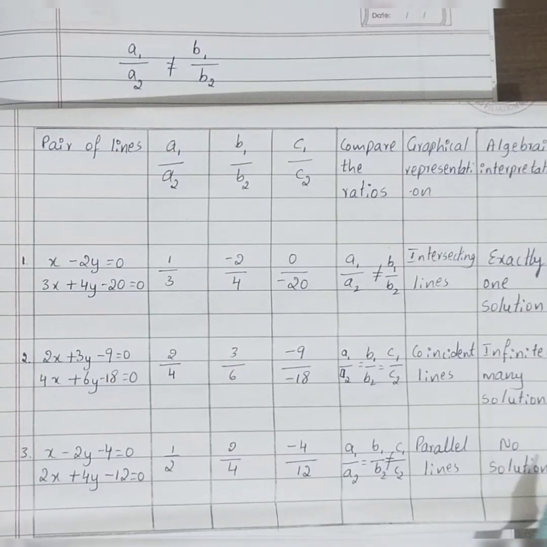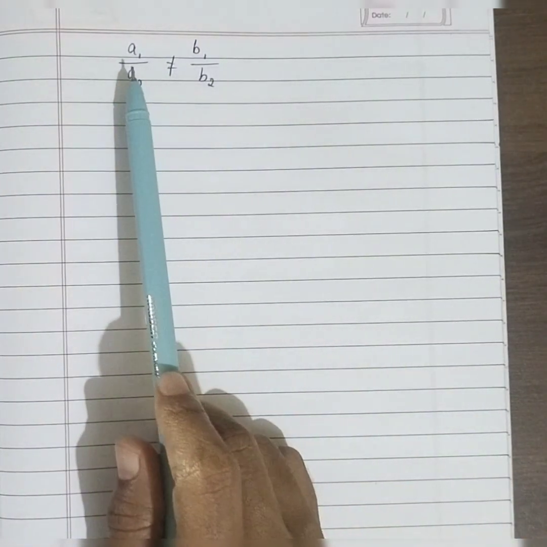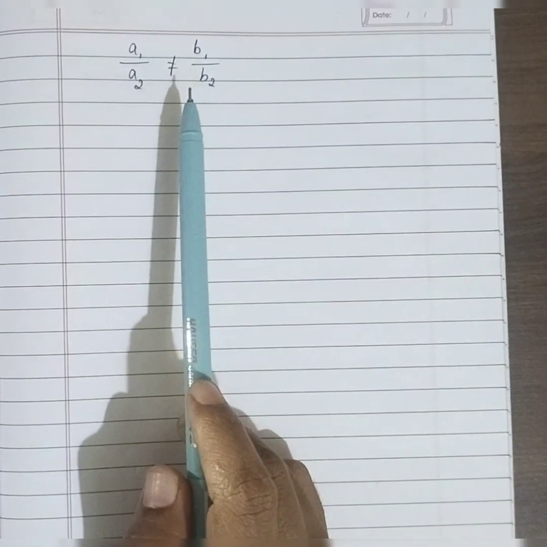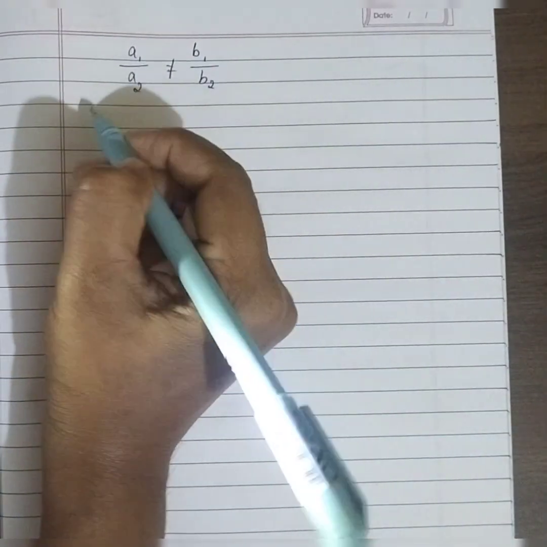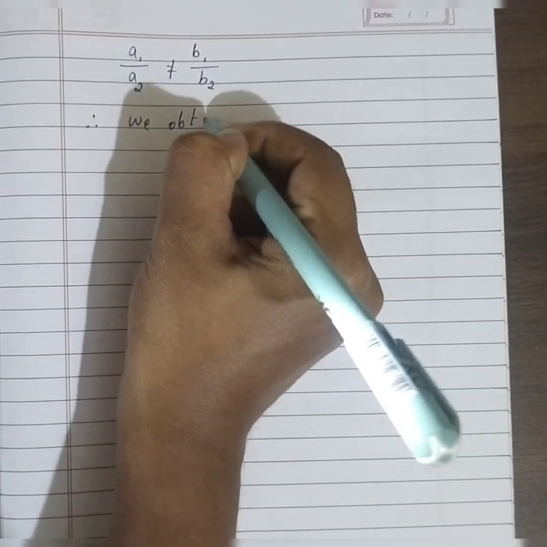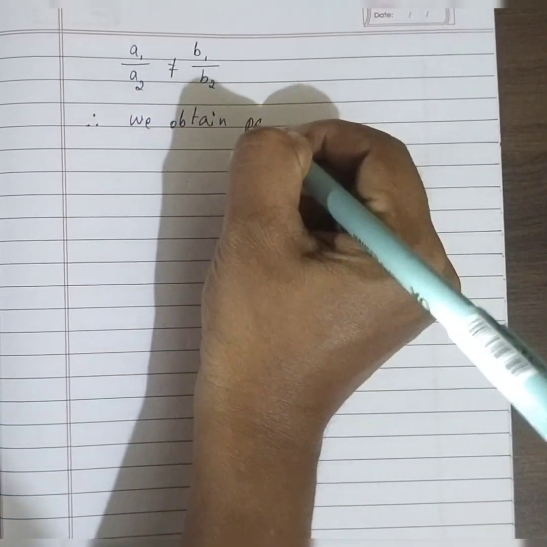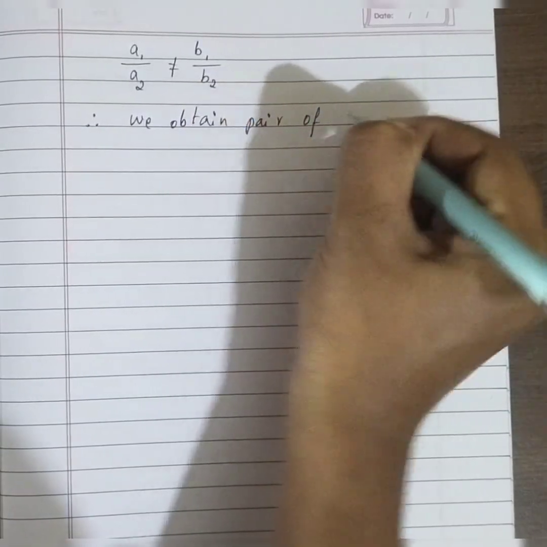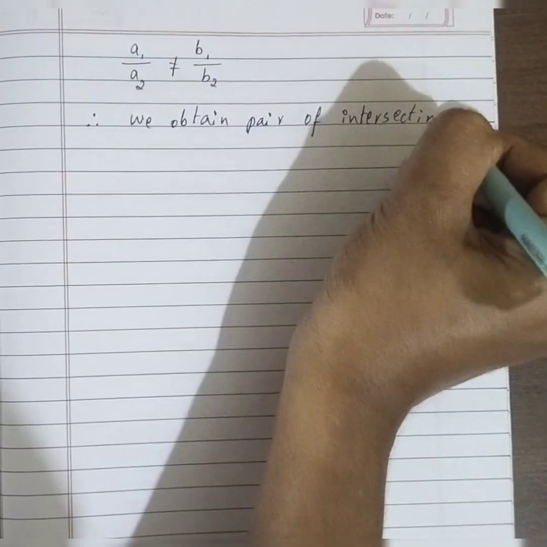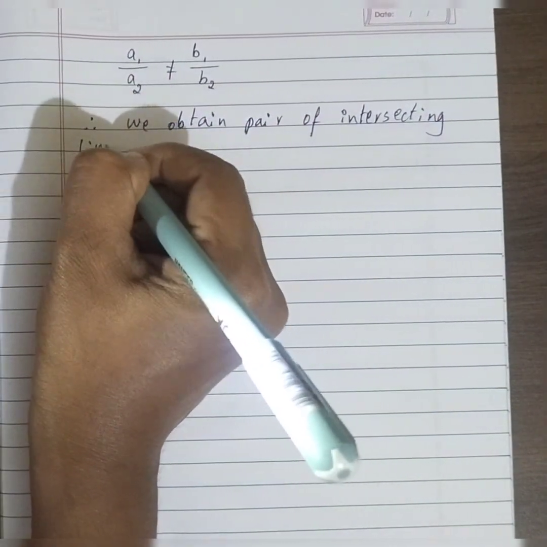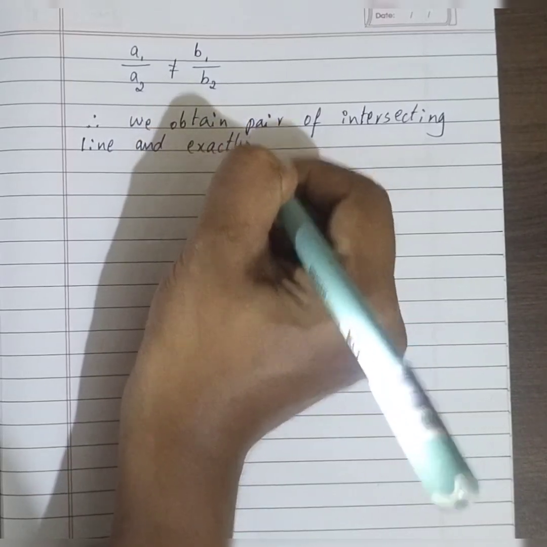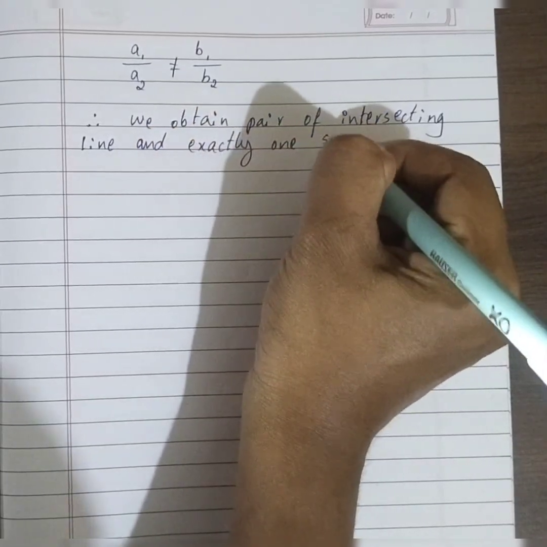So now we got the first question's answer: a1 divided by a2 is not equal to b1 divided by b2. Therefore, we obtain a pair of intersecting lines and also exactly one solution.